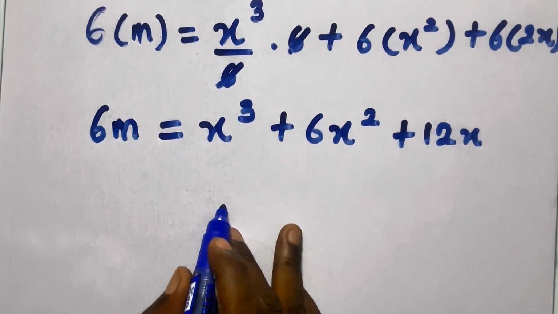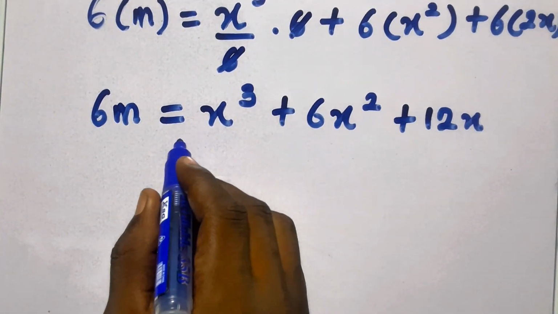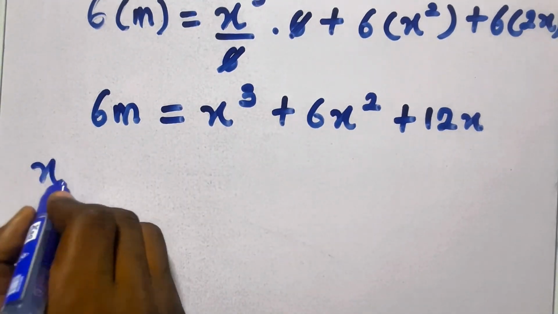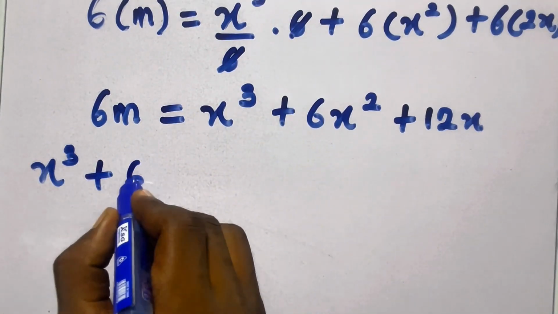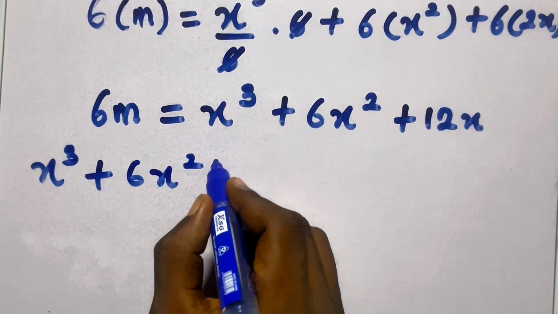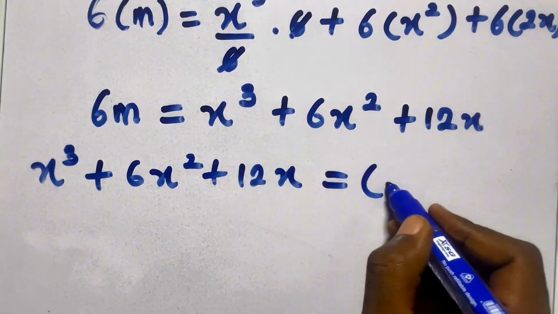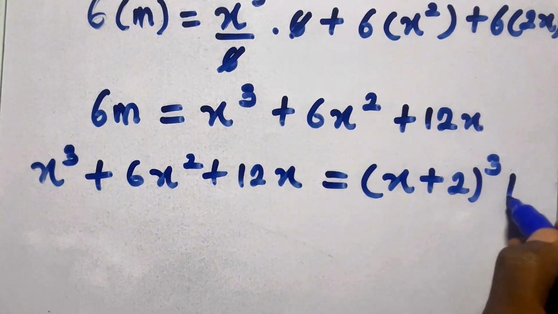However, we can actually factorize this cubic. We have x raised to the power 3 plus 6x squared plus 12x. This particular expression is equal to x plus 2 raised to the power 3 plus 8.